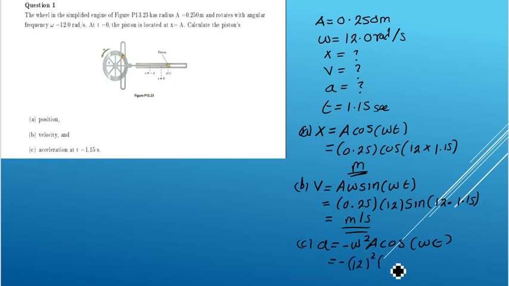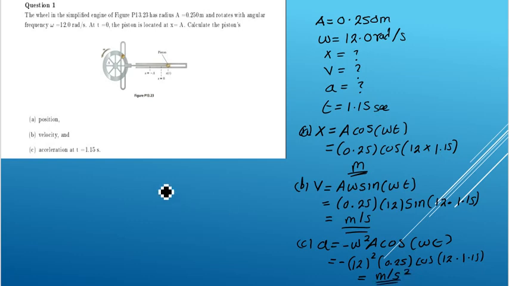The amplitude has been given to be 0.25 cosine omega multiplied by the time given, which is 1.15. And whatever you find is going to be in meters per second squared.